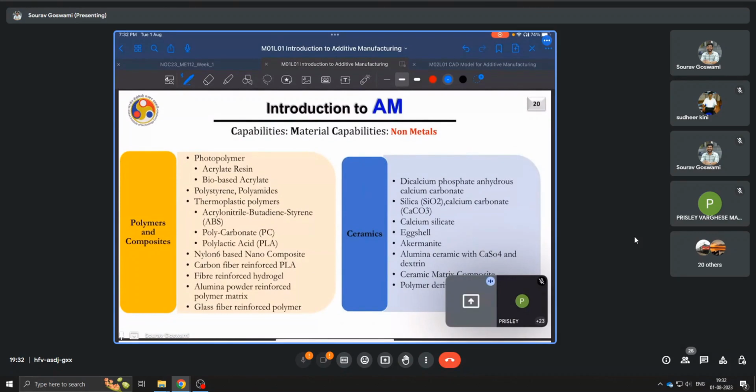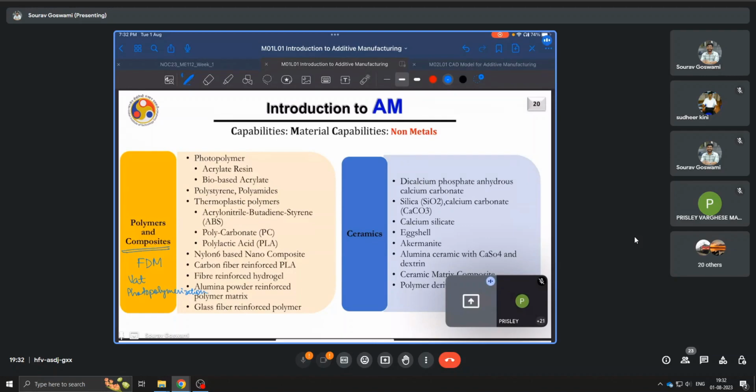Here are some of the materials which are capable of being processed by an additive manufacturing setup. We have polymers and composites. A lot of work has already been done. It is well established. Mostly the technology which you would have heard associated with polymers are FDM, which is your desktop 3D printers, as well as say VAT photopolymerization, where you have a vat of liquid and a UV laser to cure it.